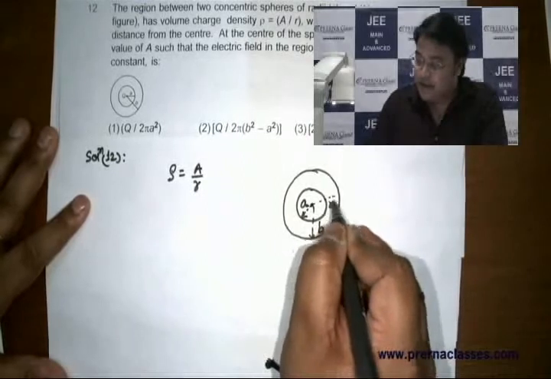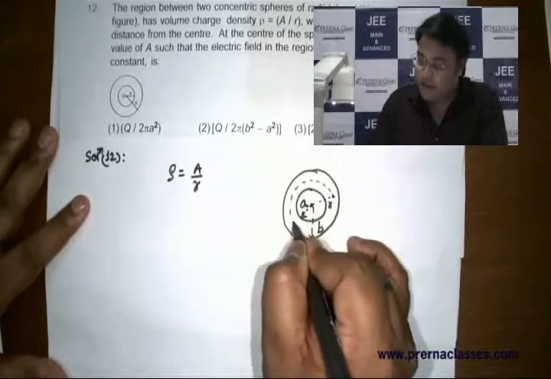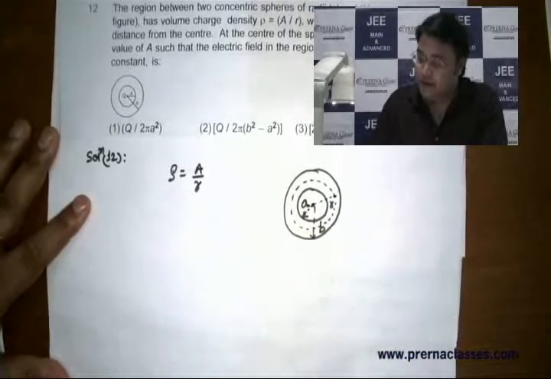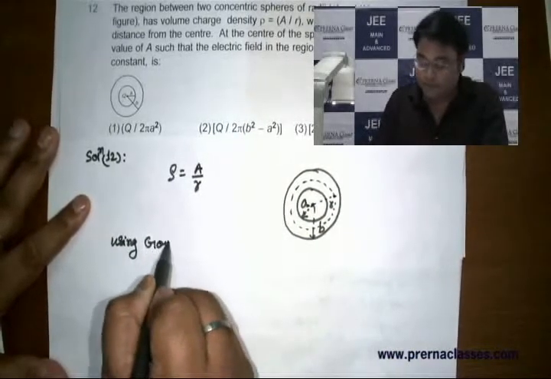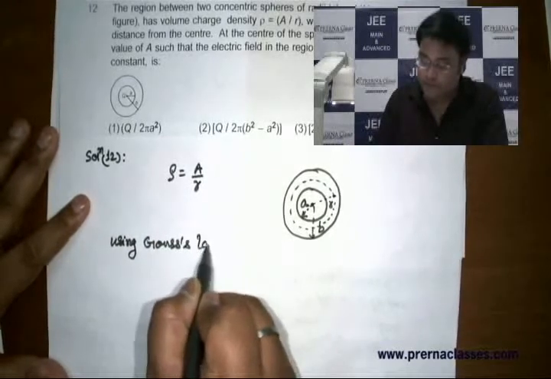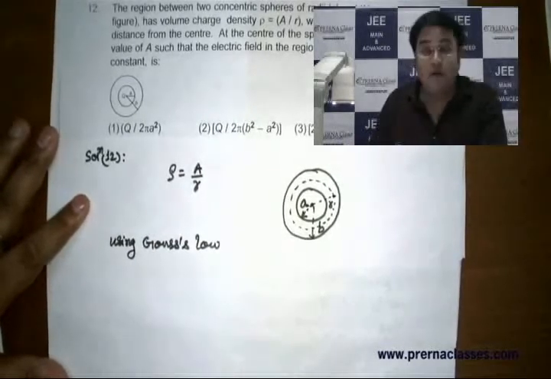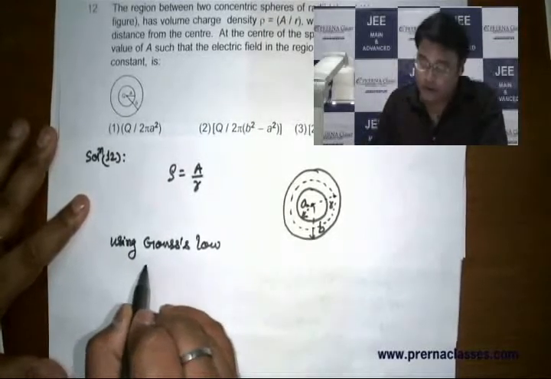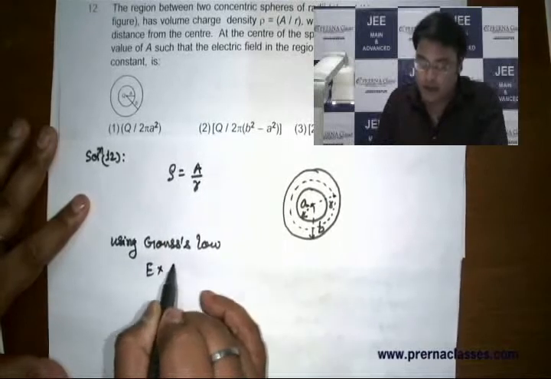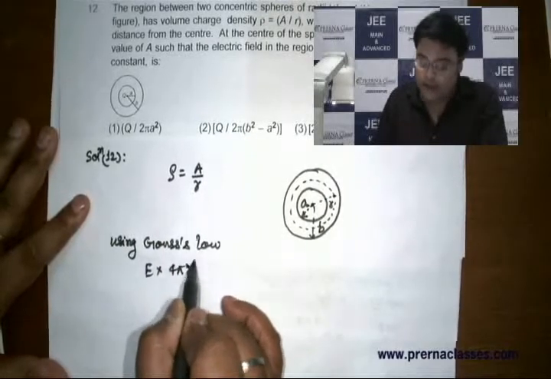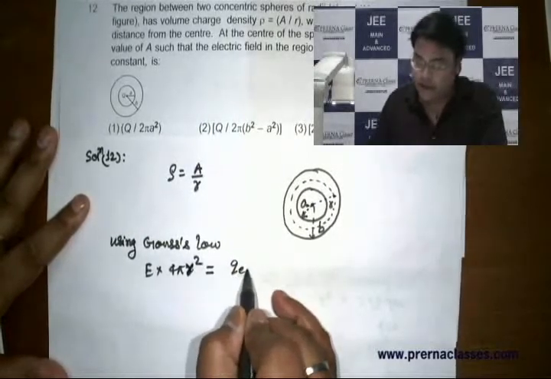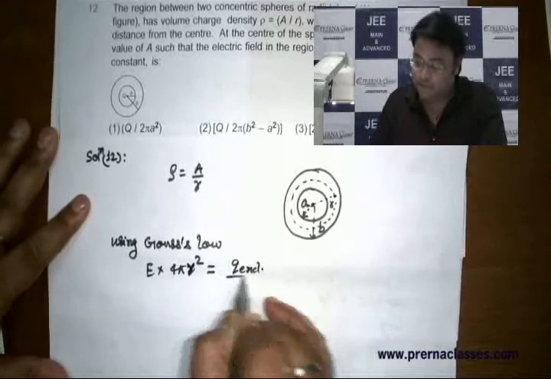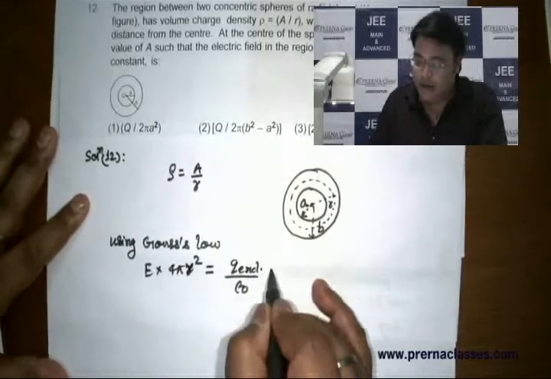If we consider at a distance r from its center a spherical region, then using Gauss law we have total flux equal to charge enclosed by epsilon naught, and total flux here is E into 4 pi r square at a distance r, and the right hand side is Q enclosed divided by epsilon naught.